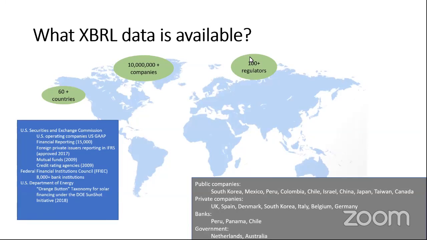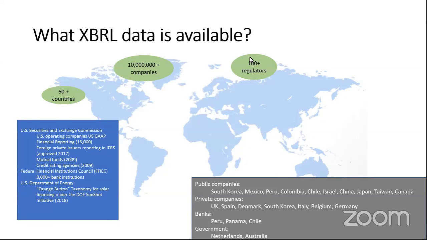And the Department of Energy doesn't require it, but it funded a program to develop a taxonomy for solar financing under the Department of Energy Sunshot Initiative. And that taxonomy, which is fairly large, is now available for use, and we're working on expanding the different types of use cases for which that can be used. So there's a lot of what we call Orange Button data that is rapidly becoming available as well.